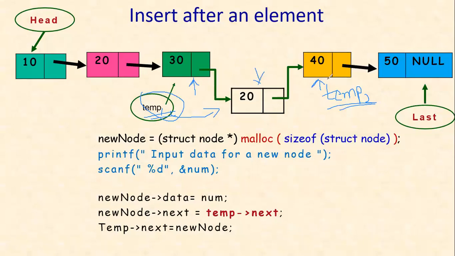Okay, so if the condition is before some node, you have to get the address of the before node also. So you have to write the logic in that way. I'm not explaining that here because it would be difficult for people to understand everything in a single instant, right? So till now we have seen inserting elements into a linked list.